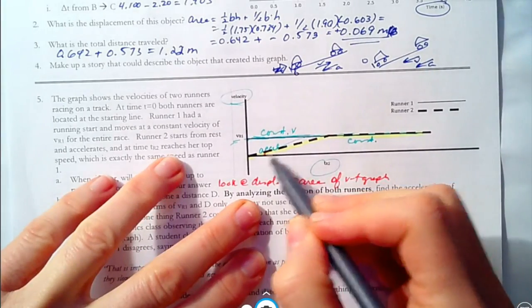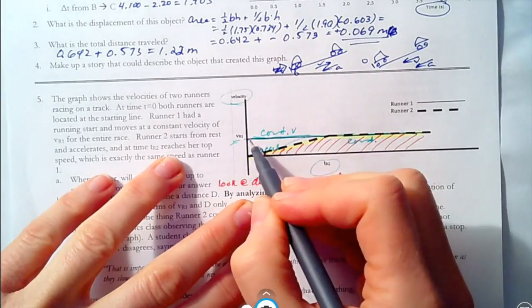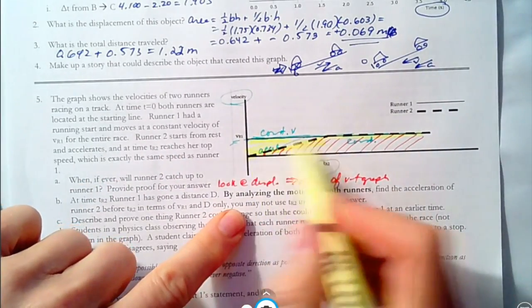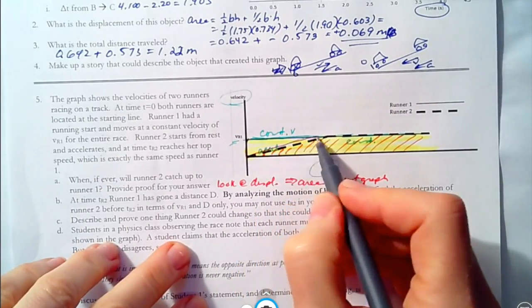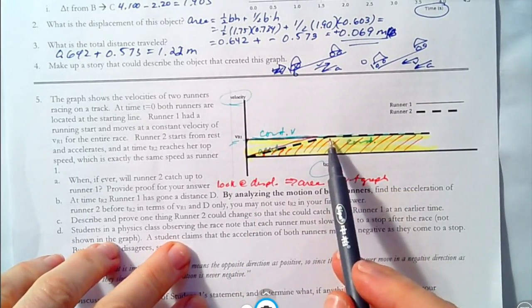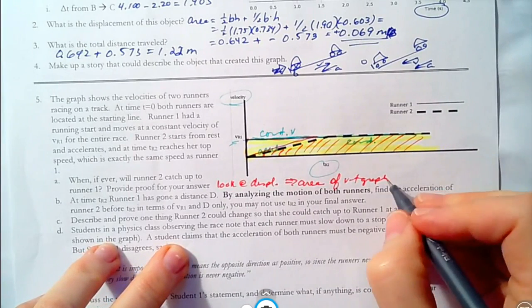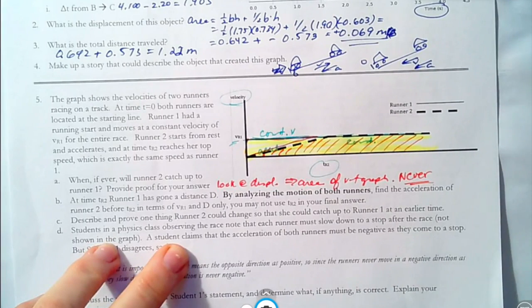So look, this area, is it ever going to be the same as the other area? The yellow area is always going to be bigger by this amount. Even if this was infinitely big, this would still be a little bit bigger. So never, right? Runner 1 is always going to win.